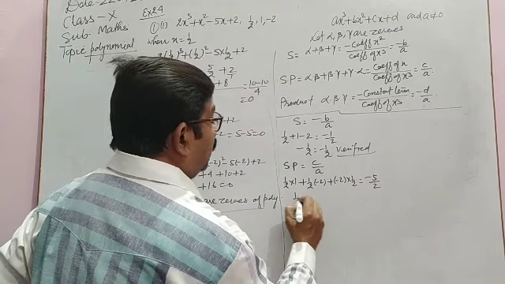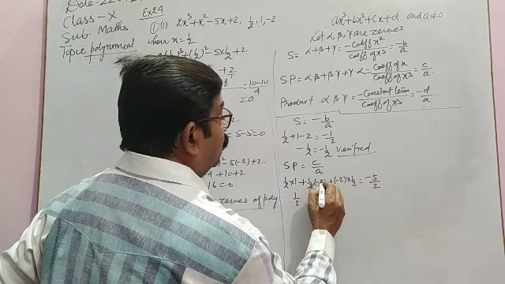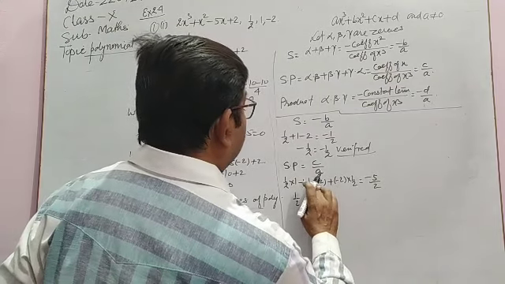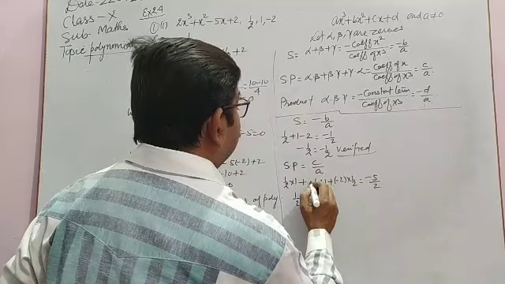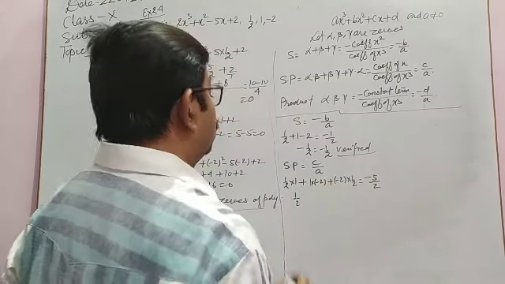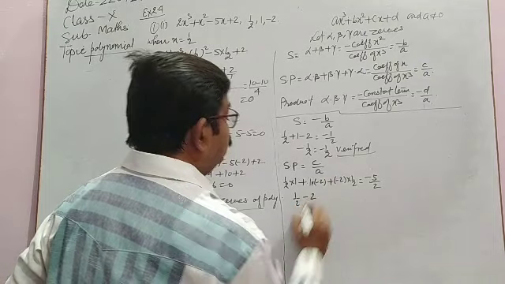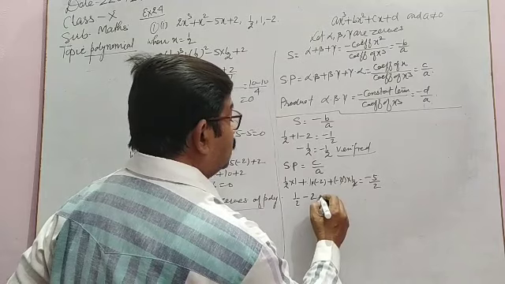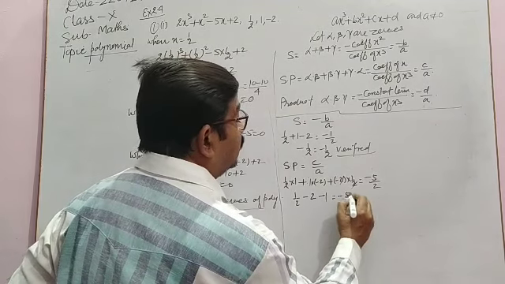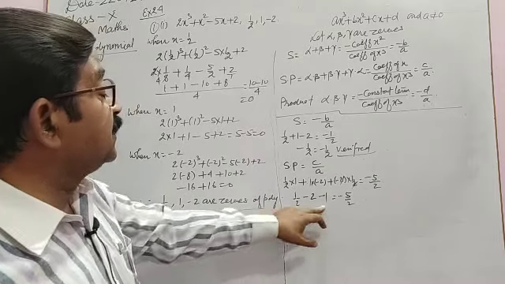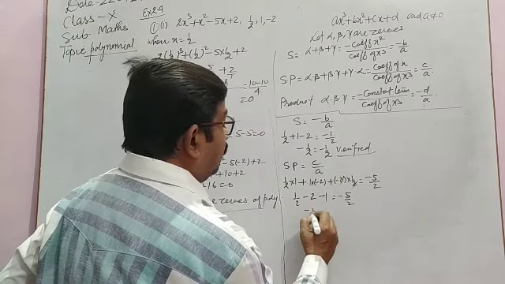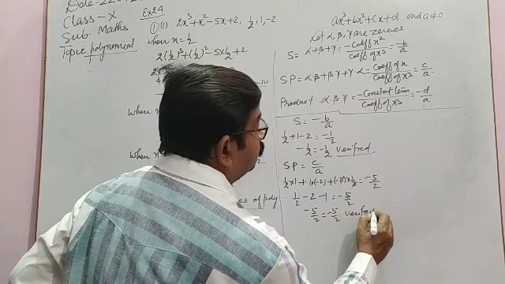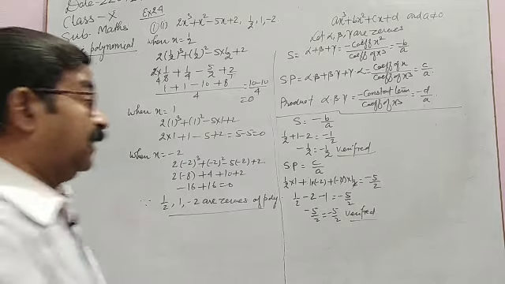So this is 1 upon 2, plus 1 into minus 2 which is minus 2, and minus 1, equal to minus 5 upon 2. So minus 3 plus half is minus 5 upon 2, equal to minus 5 upon 2. Verified.